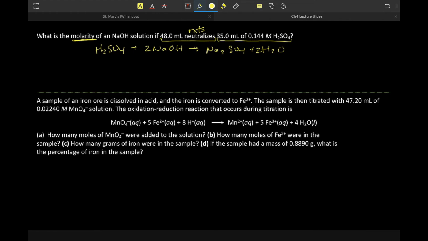All right, and then our unknown is the NaOH. So we are looking for the molarity of this, and we're starting from our H2SO4. So again, we have a volume and we have a concentration.